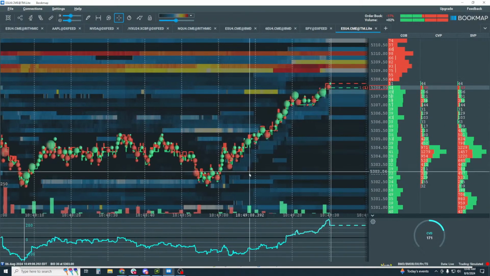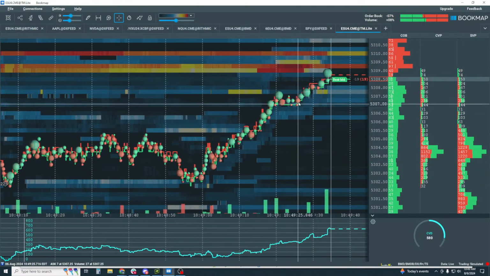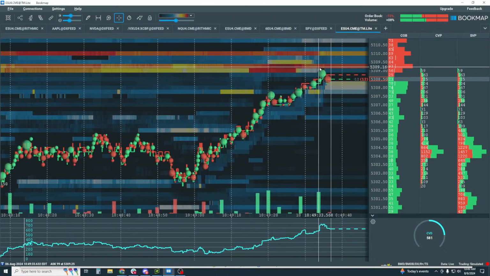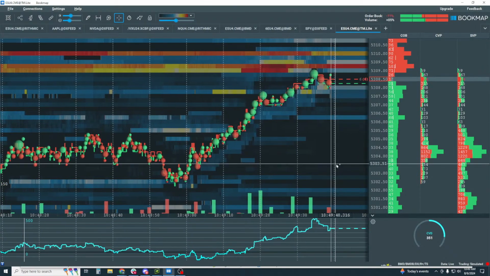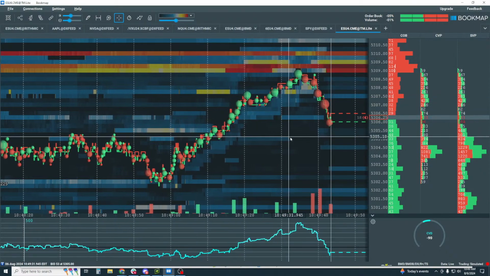Okay, so this is an algo underneath on the bid in here. See how it followed up underneath? And let's see if it just spoofs it right into this 9 3/4 level or 10 level, and that's it.